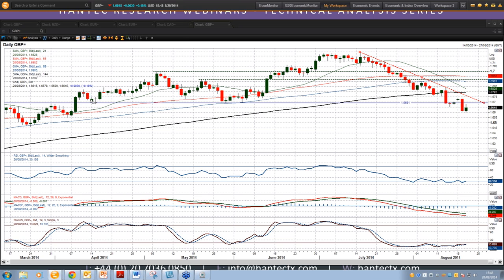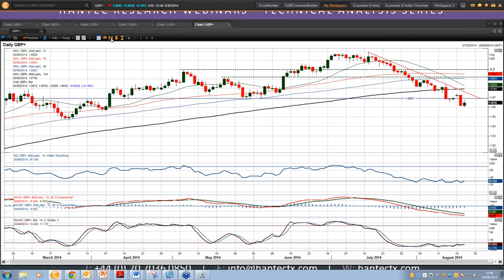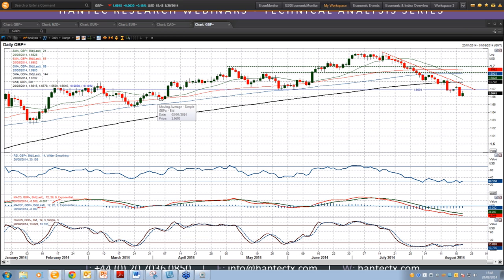Breaking down that 67 support on cable has been a pretty big disappointment for me, because you had these big supports, April, June, and then you could argue it attempted a little bit of support there, but yesterday it was such a big bearish move on that inflation data from the UK, and then subsequently the housing data from the States, that I think cable is under real pressure now.